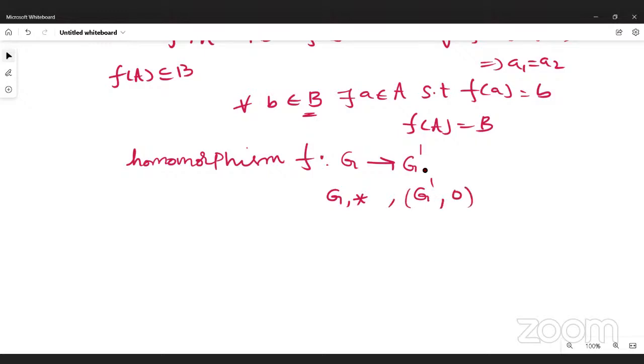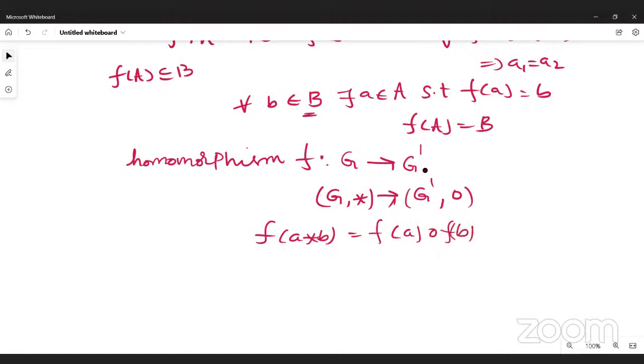We say that f is a homomorphism if f preserves the binary operation. That is, f of A star B is equal to f of A circle f of B.